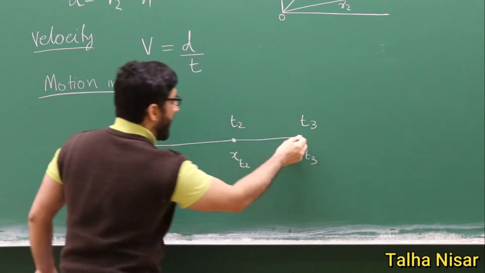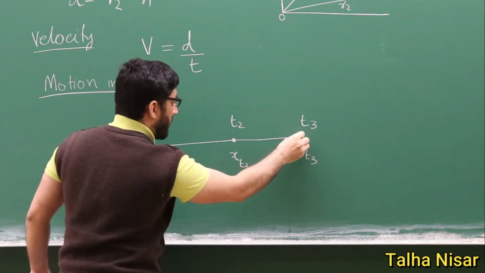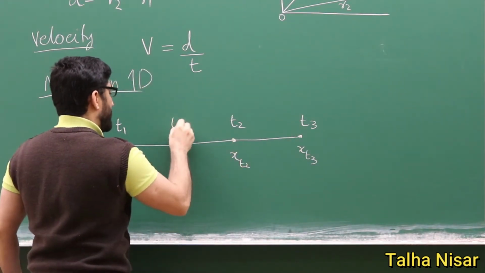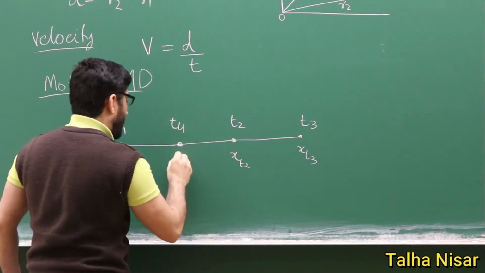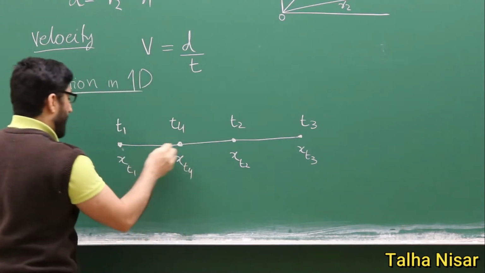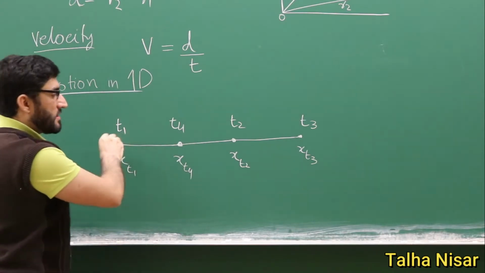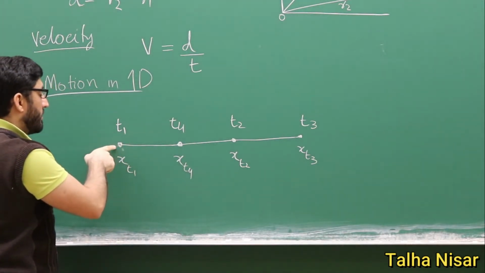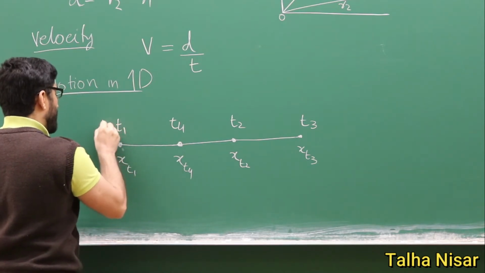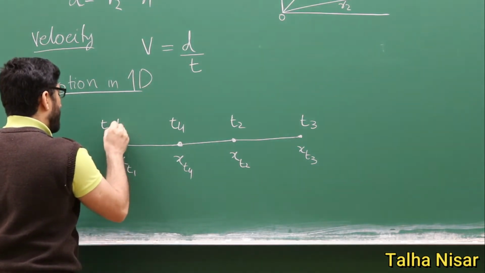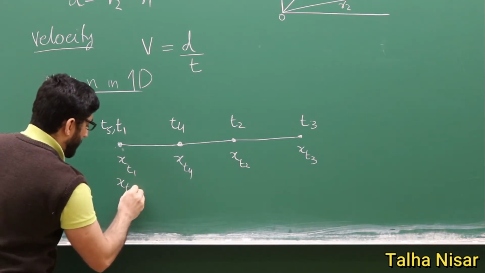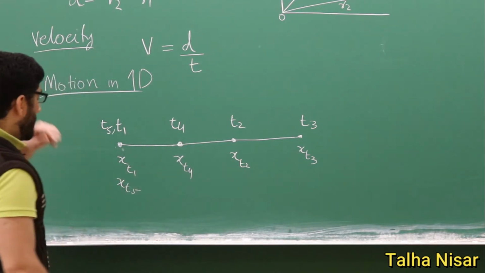And this object comes back to, this is at t4, and this is the position at t4. And again it comes back to the original position where it started. So this is the t5. T5 is exactly at the same position, so this is x at t5.